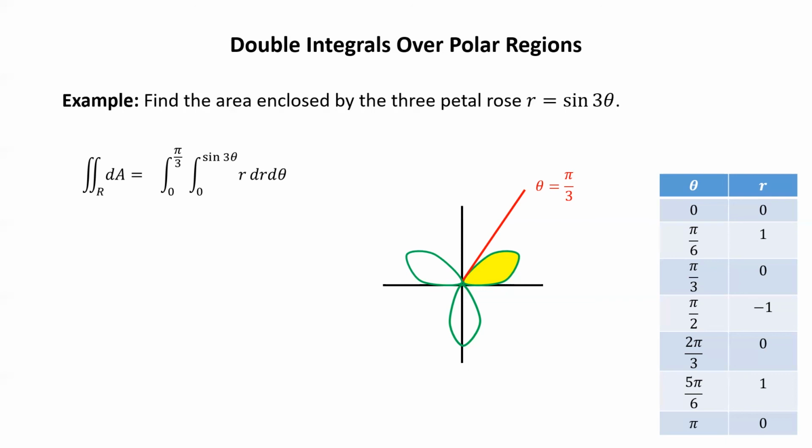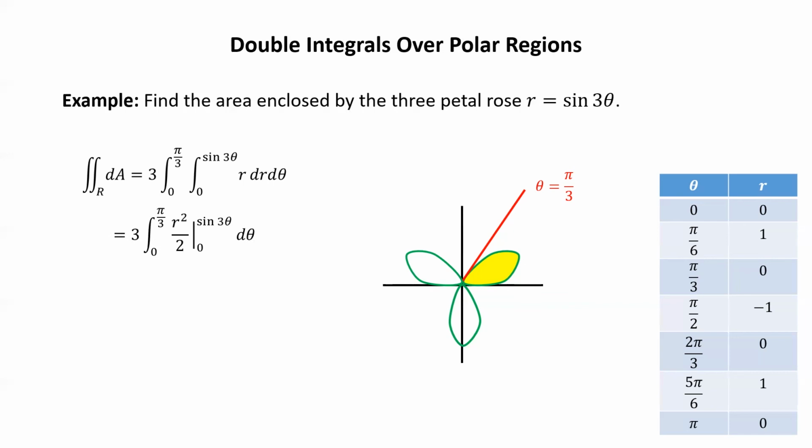It starts at 0 because the region is touching the origin, and it goes out until we hit the curve, which is r equals sine 3 theta. Don't forget to put that factor of r inside the iterated integral. And then we're going to multiply this by 3 because we want the area of the whole rose, not just one of the petals.